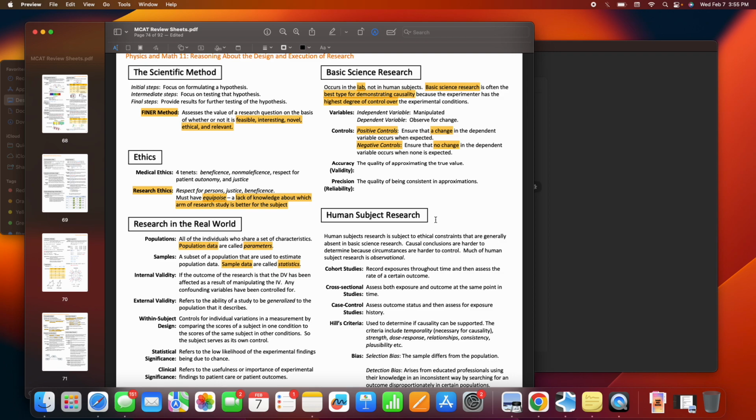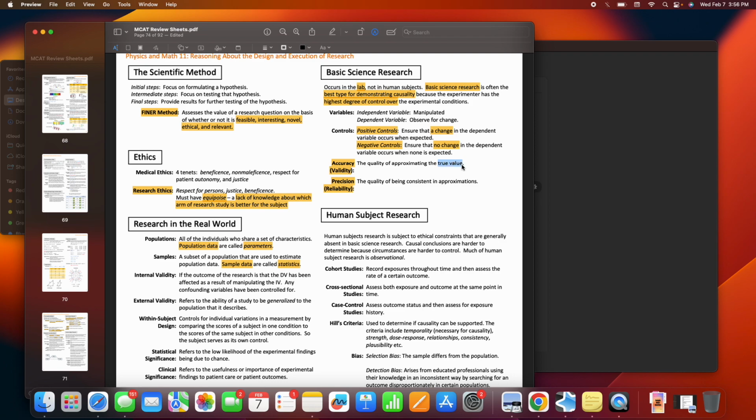In order to be accurate, you need to hit the bullseye. Now, you can also increase your precision with accuracy. So accuracy is the same as validity, and reliability is how consistent you are.